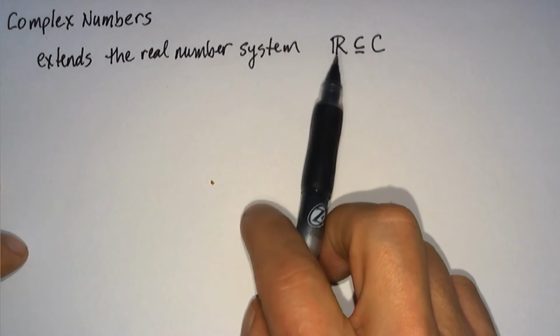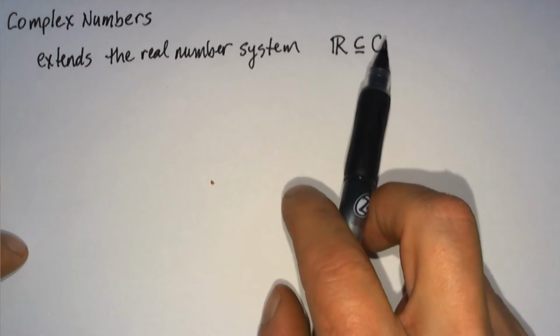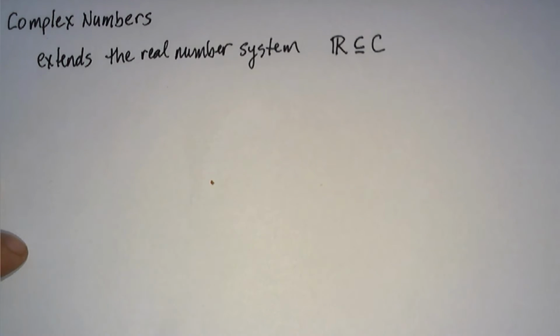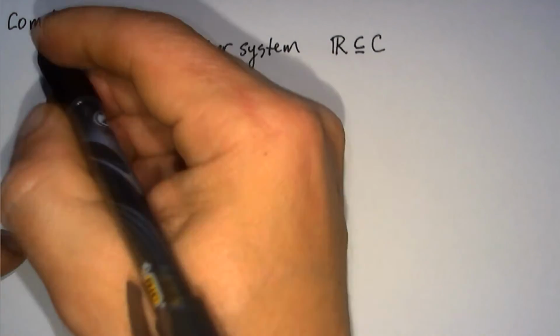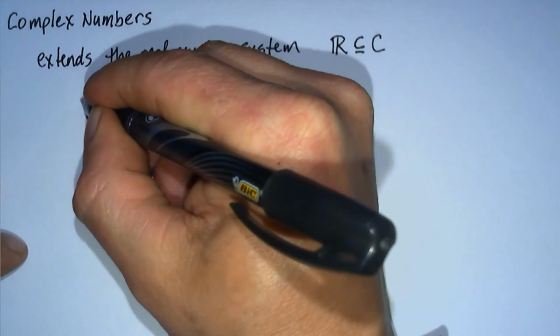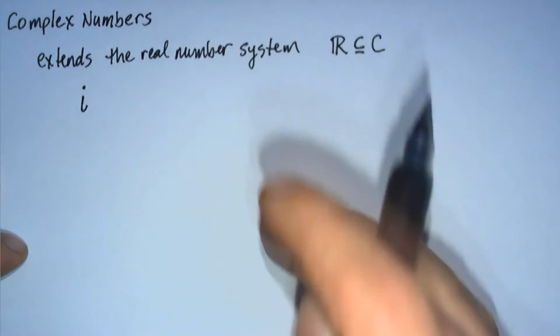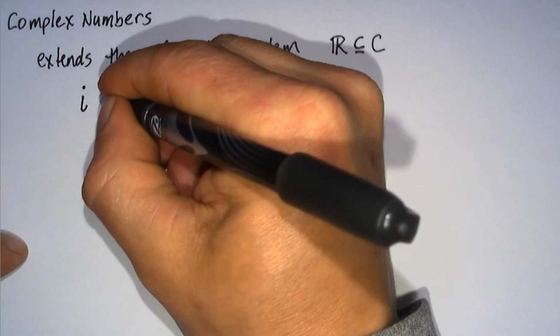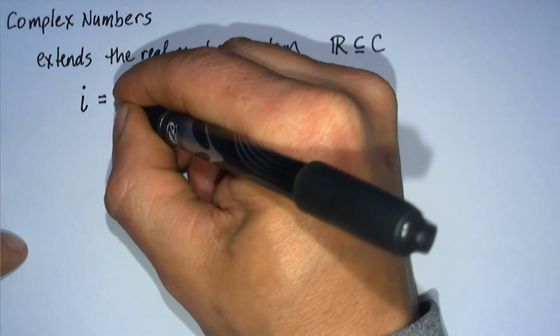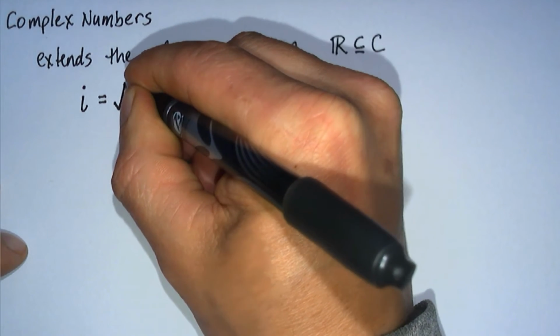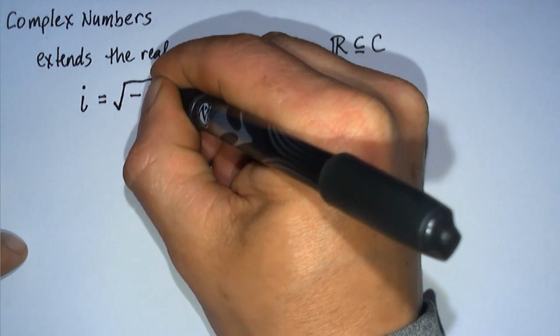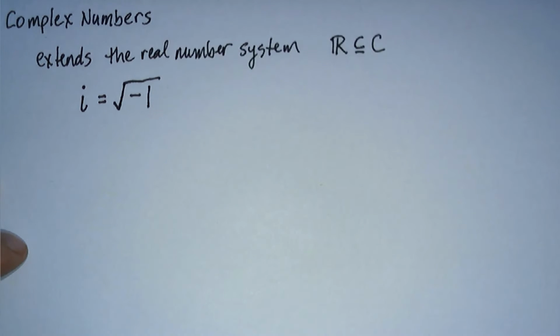So every real number is also a complex number. But what separates the complex number is that we have this imaginary unit i. i is the imaginary unit, and it is not a real number. It's imaginary. It doesn't really exist. It is the square root of -1. The square root of -1.